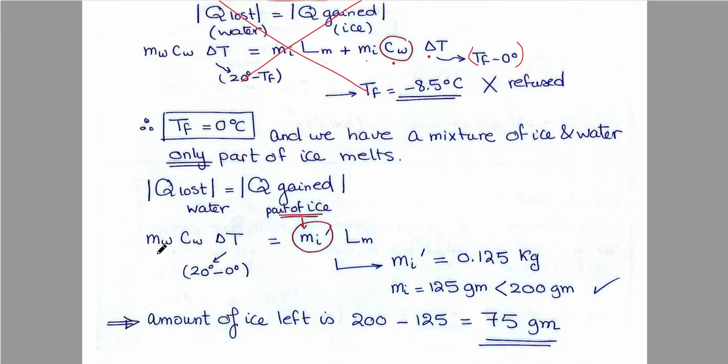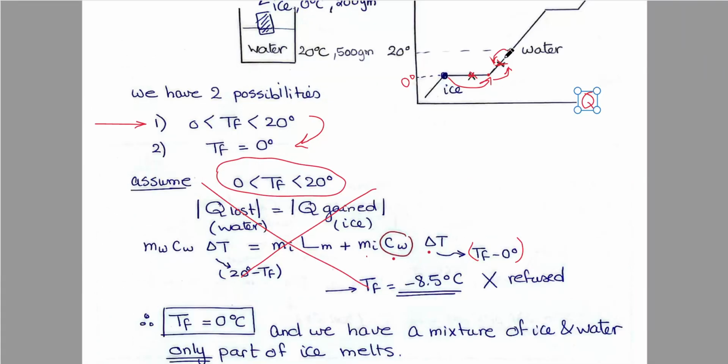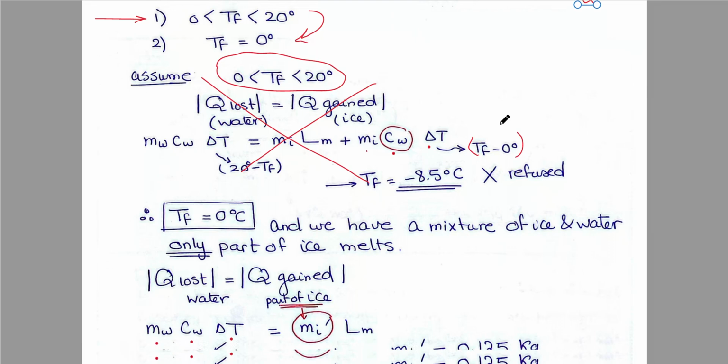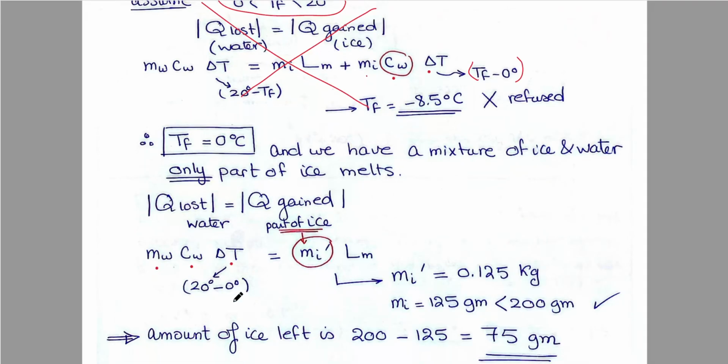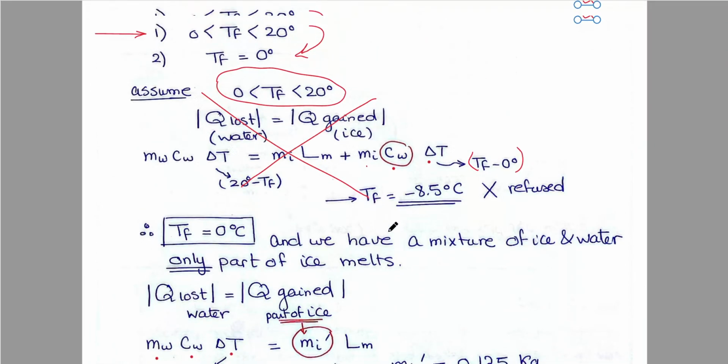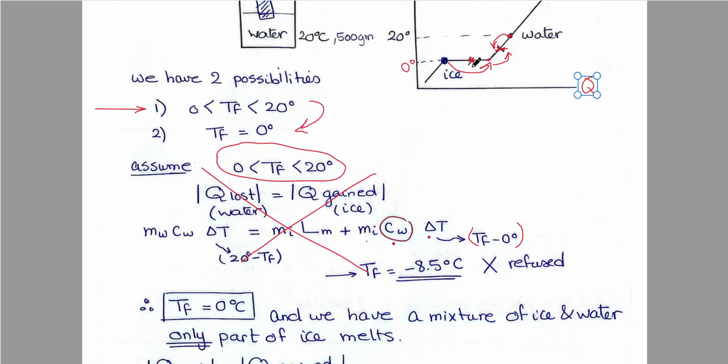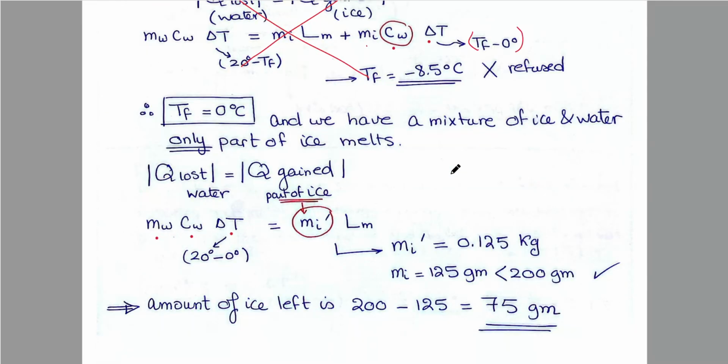Water will lose M water, C water, delta T. Now delta T: water will lose all its energy from 20 degrees till reaching 0 degrees, so 20 minus 0. On the other side of the equation, part of the ice will be converted to water and melts. So M dash of ice, Lm.